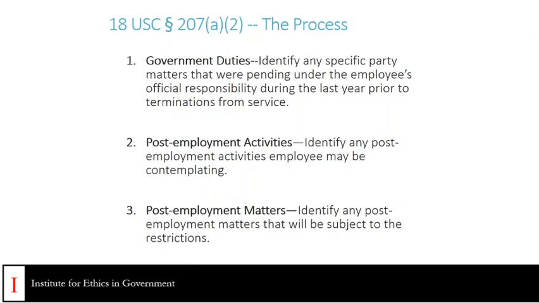We identify any specific party matters that may have been pending under the employee's official responsibility during their last year of service. And then we query the employee about those post-employment activities to identify any activities they may be contemplating. Once we have that information, we want to identify, if at all possible, whether or not any of those post-employment matters would be the same matters that were pending under the employee's official responsibility.